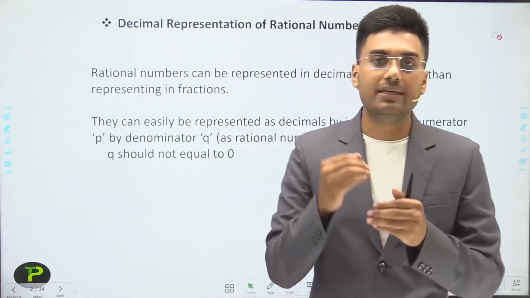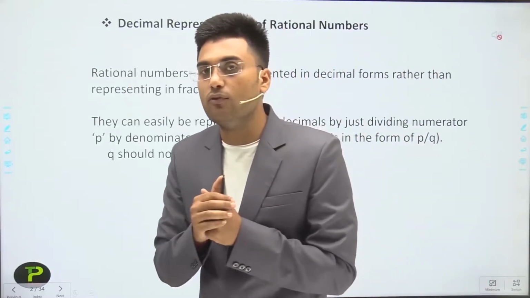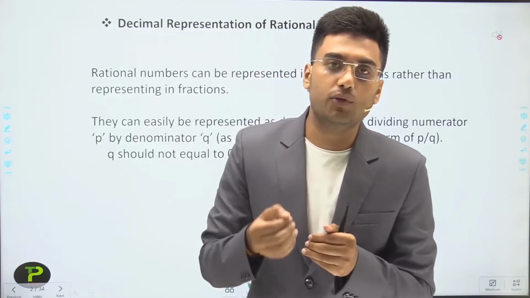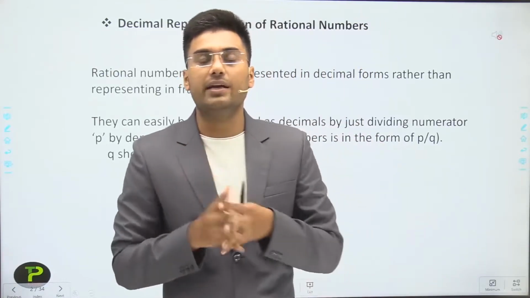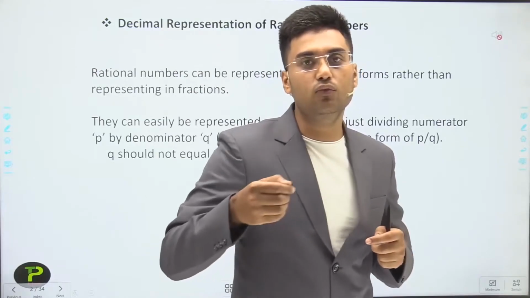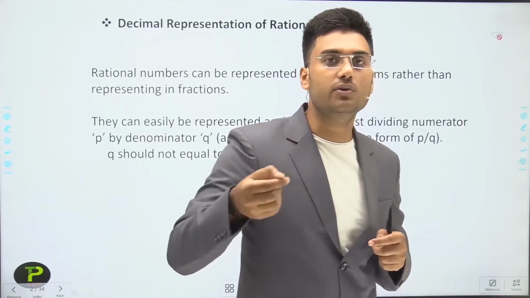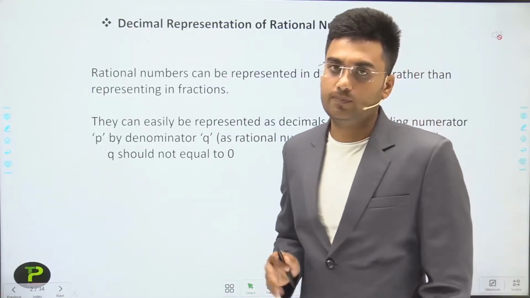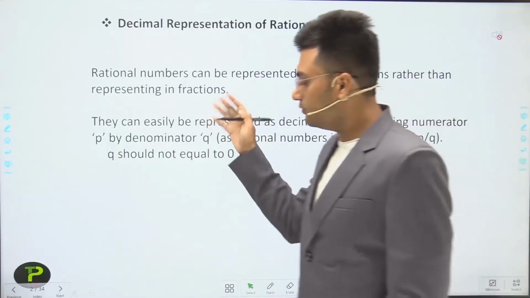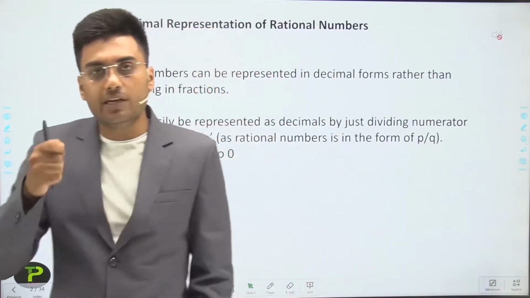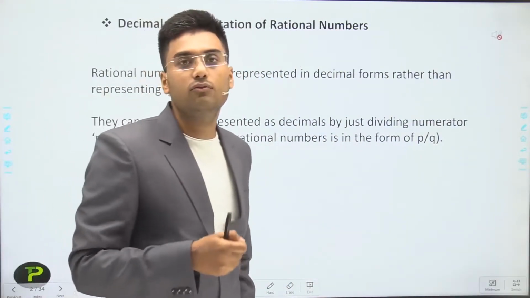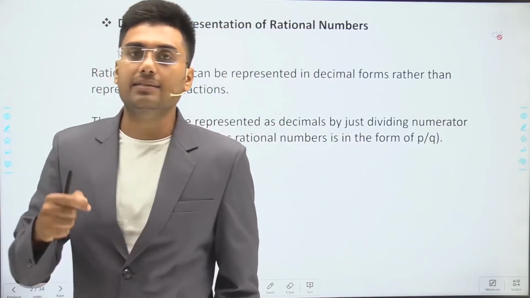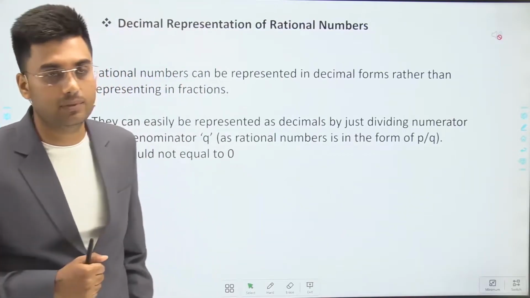We can do it by just dividing the numerator p by the denominator q, because we represent a rational number as p by q, where q should not be equal to 0. For understanding the decimal representation of a rational number, let's understand with some examples.